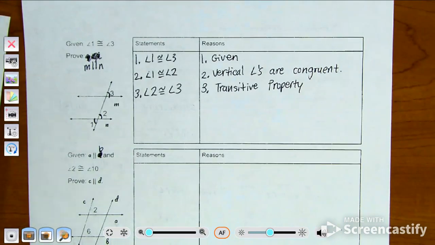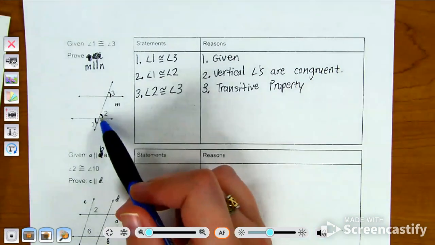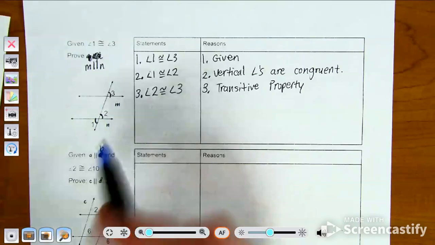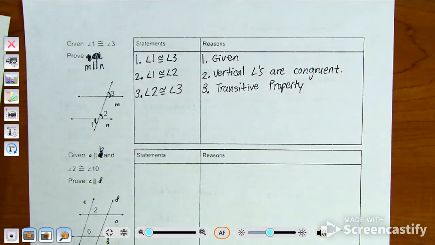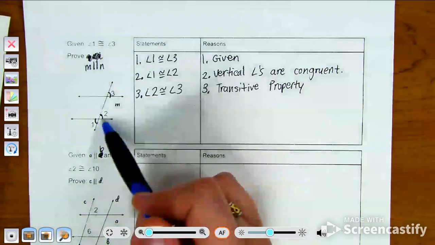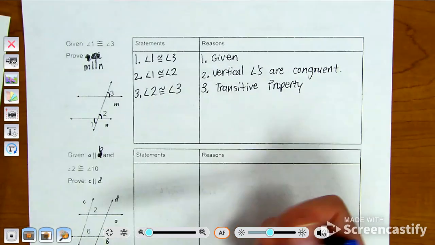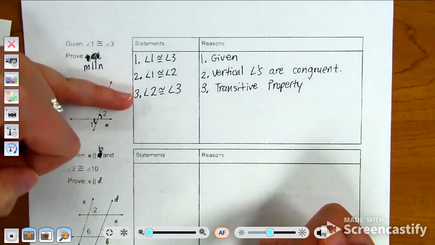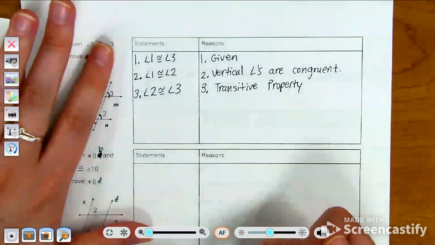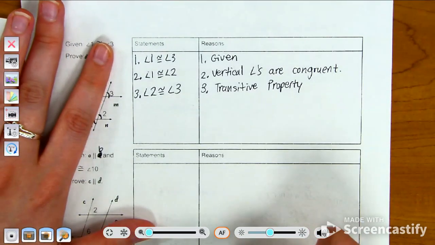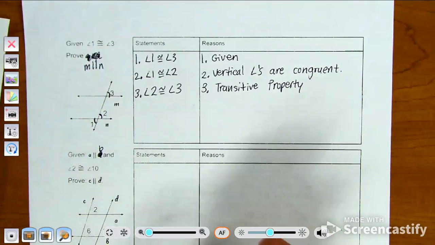At this point, we've shown that we have a whole bunch of congruent angles, and we have enough information to justify that we have parallel lines. So if we're looking at this, angles 2 and 3 would be considered corresponding angles because they're both above what will be parallel lines, and they're both to the right of this transversal. So they're in corresponding locations.